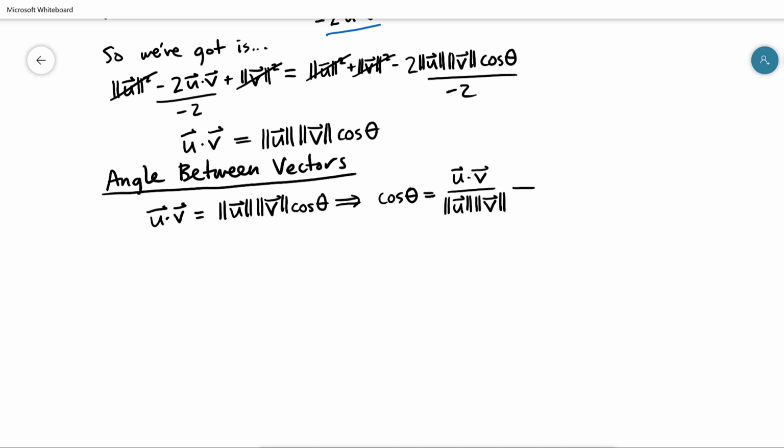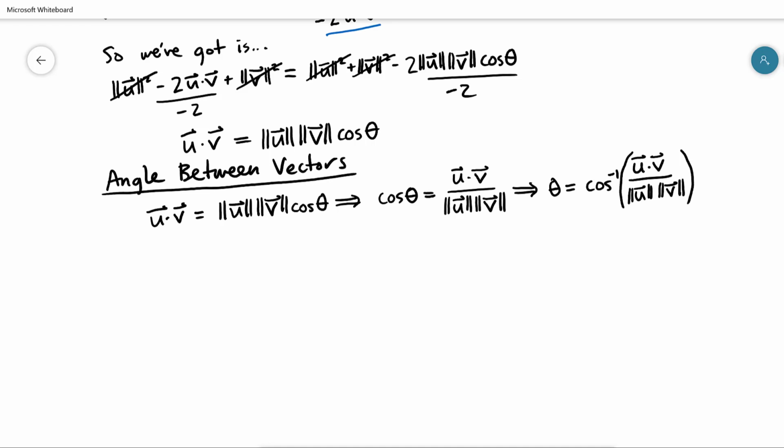And if I want theta, how do we undo that cosine sitting there? We can undo the cosine with an inverse cosine, and we'll get theta all by itself on the left, and on the right we'll have the inverse cosine of u dot v over magnitude of u, magnitude of v.